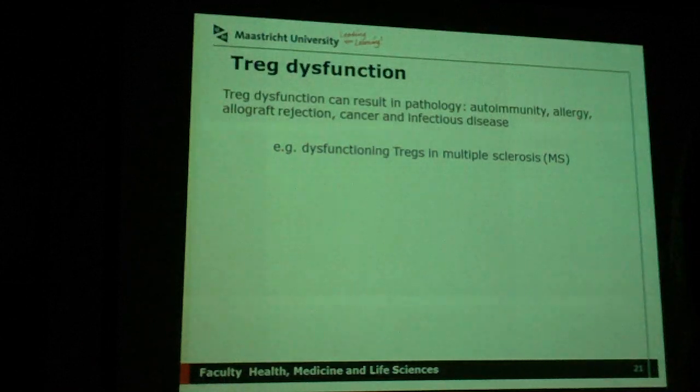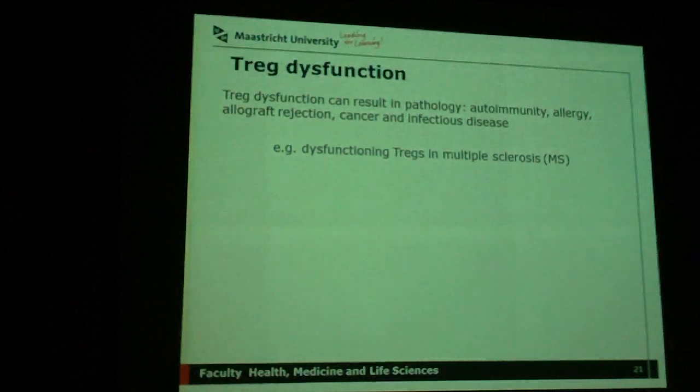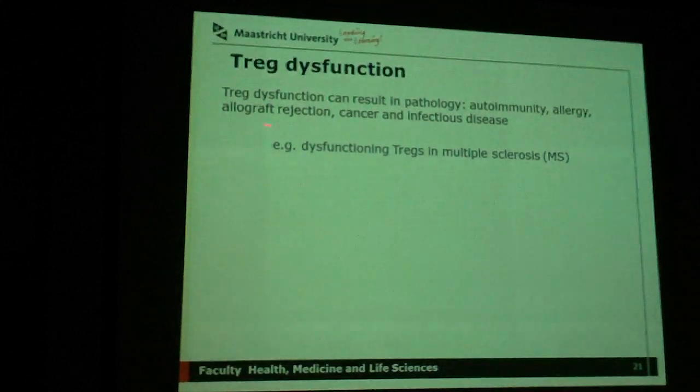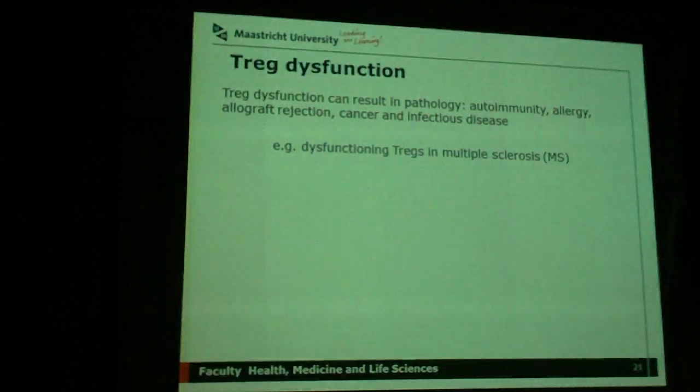And if Tregs function not as well as they should, you can also have allograft rejection. So new organs will be rejected because you get an immune response to these allografts if Tregs don't do their job really well.